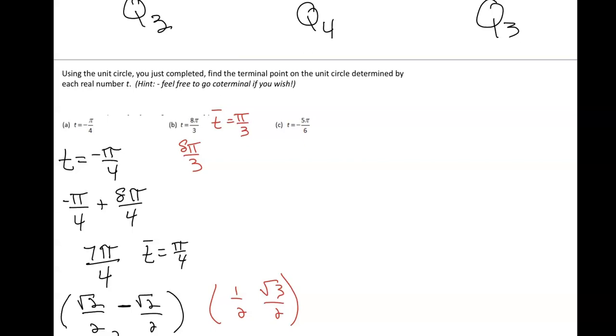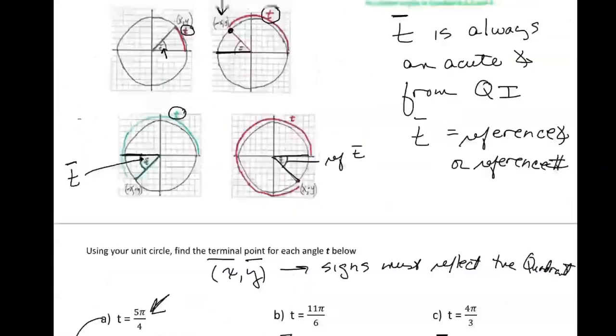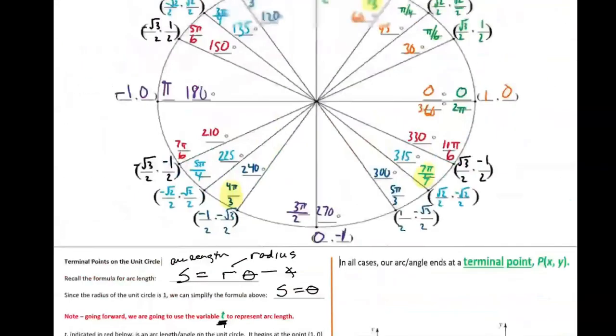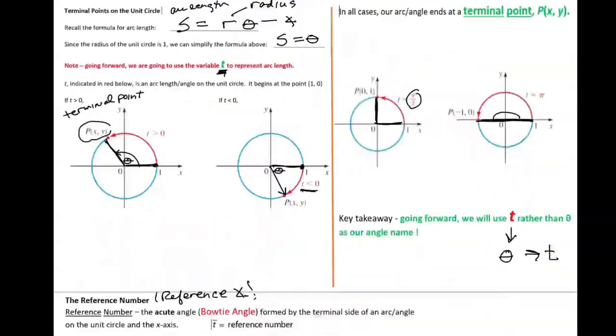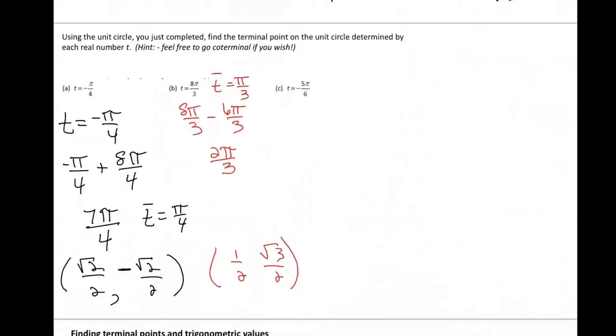So I'm going to subtract away, because this is too big an angle, 6 pi over 3, which is 2 pi. That gives me 2 pi over 3. Find out where that angle is. 2 pi over 3 is right here. That is in the second quadrant. So in the second quadrant, what do I know?